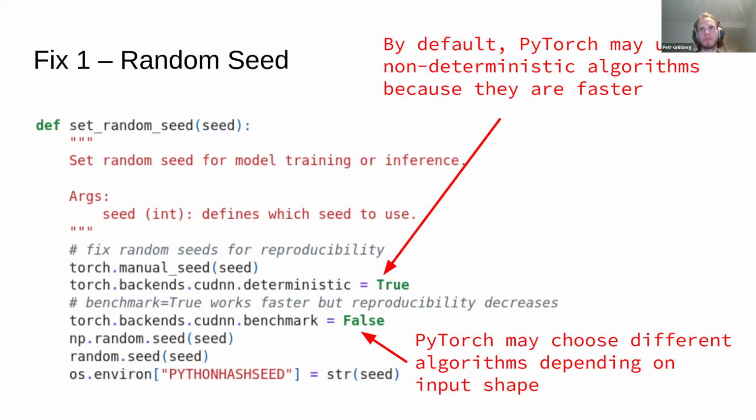First of all, PyTorch may use non-deterministic operations for convolutions and for some other layers because they're faster. So you need to enable deterministic mode to ensure that all algorithms are deterministic. Also, PyTorch may look at the shapes of your input and use optimized algorithms based on this shape. To avoid this, you need to set torch.backends.cudnn.benchmark equal to False.